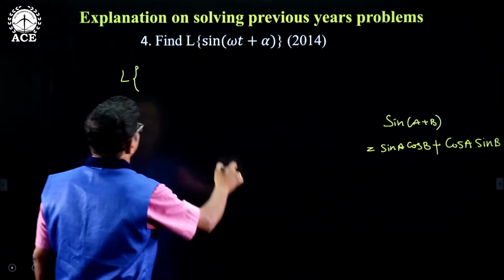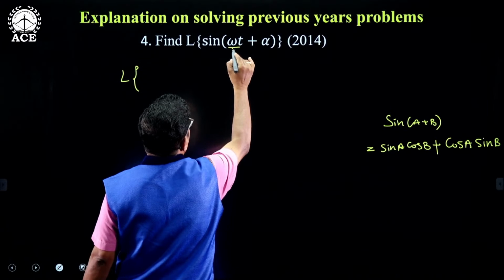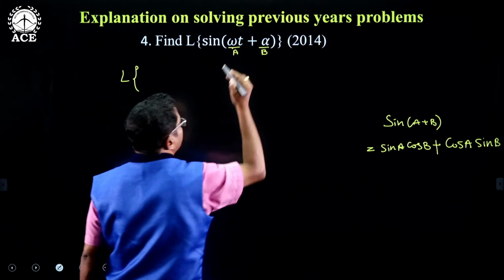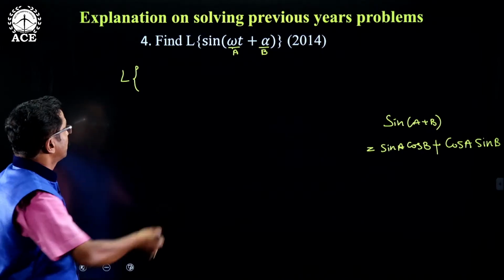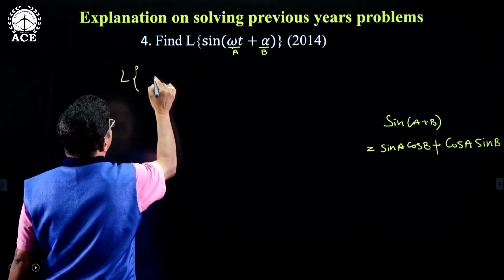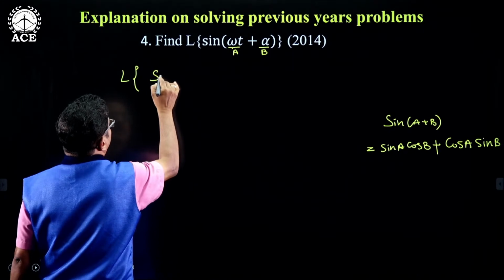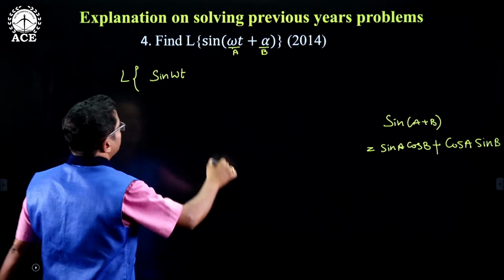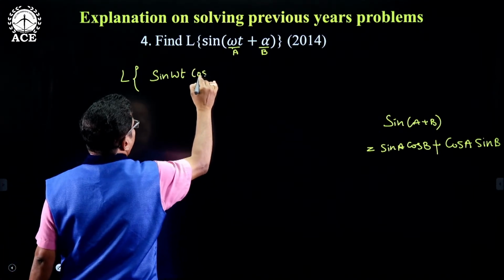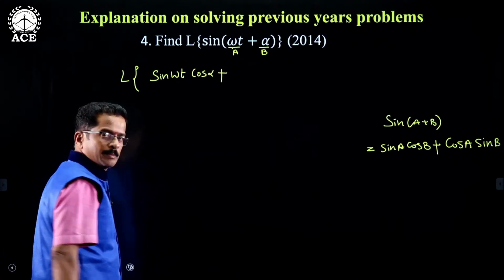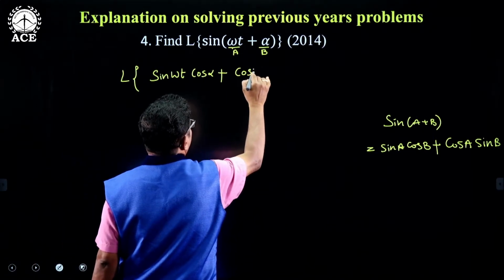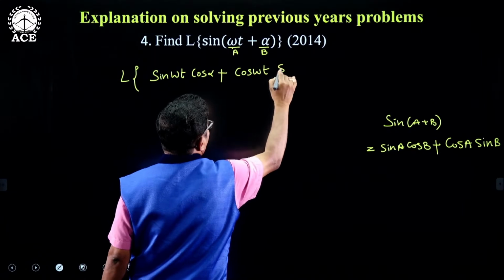So in the place of a we have ωt, in the place of b we have α. So I just apply sin ωt into cos α, plus cos ωt into sin α.